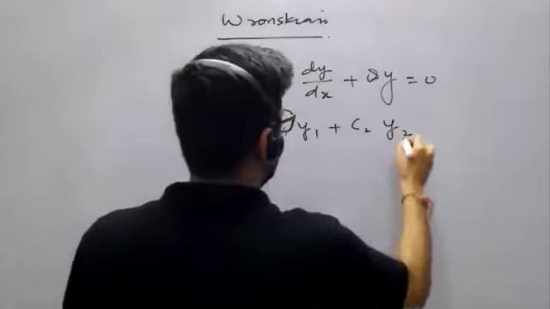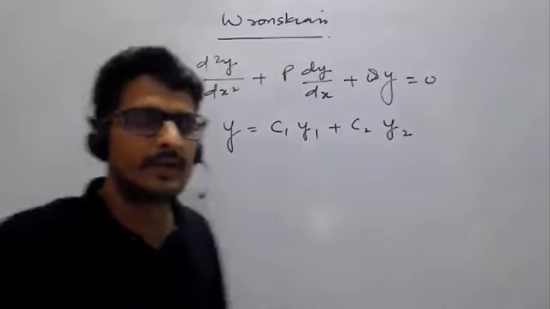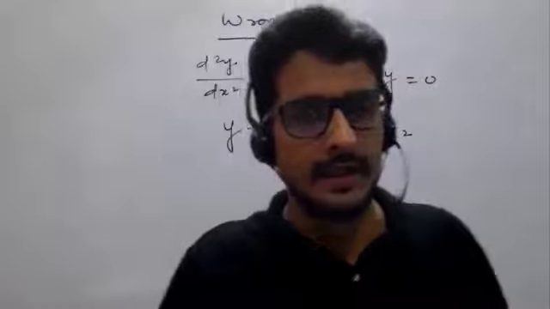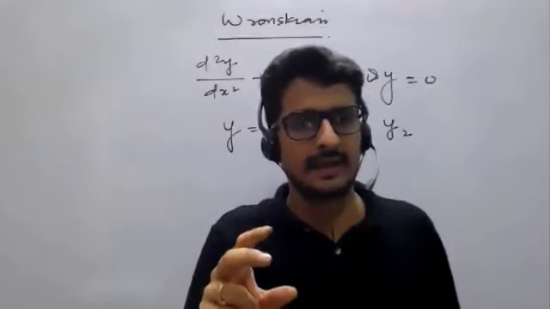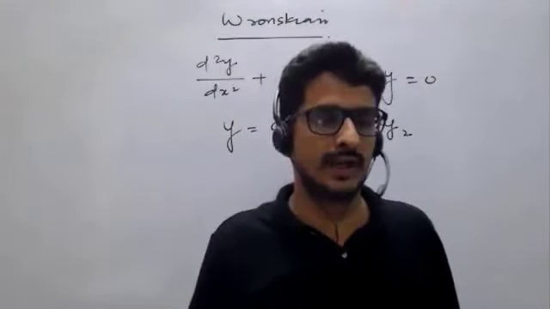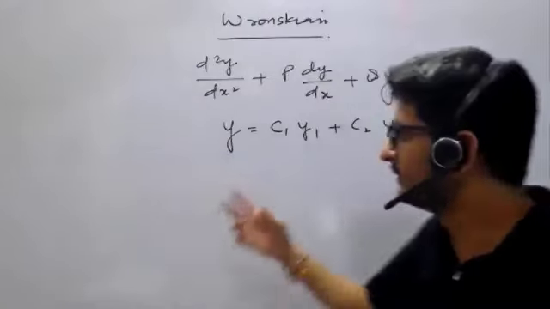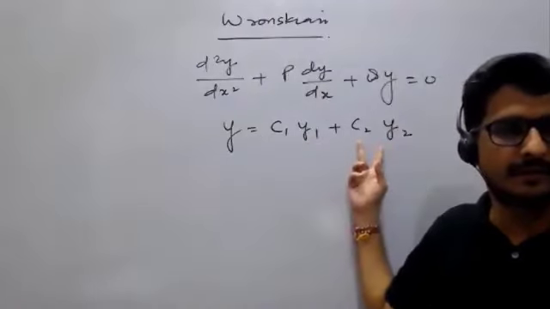Have you seen this so far or not? For a second order differential equation there are two solutions, in fact, and the final solution is a linear combination of both.